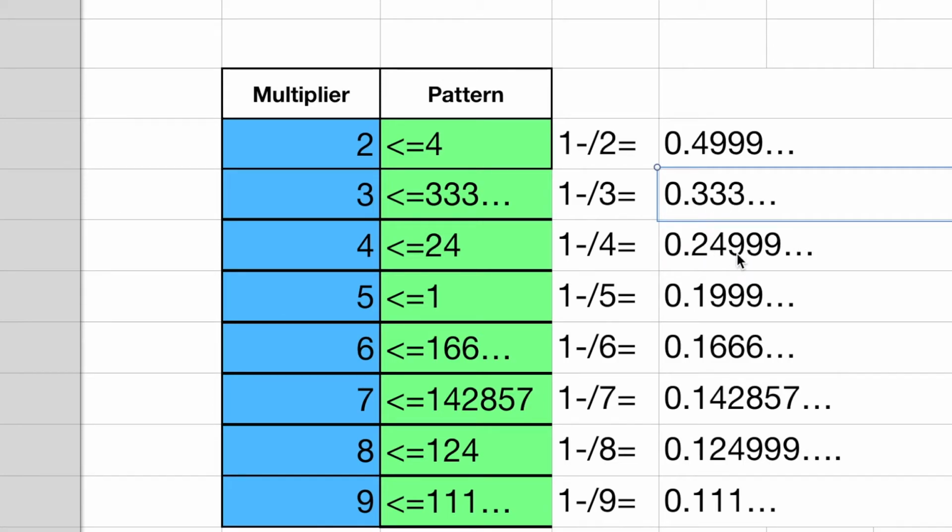In case of 4, we can ignore 9, and ignore 0 and dot, so we have 24. Similarly 1 for 5, and 166 for 6, and 142857 for 7, and 124 for 8, and 111 for 9. See how this complicated looking thing has such a simple concept underneath.